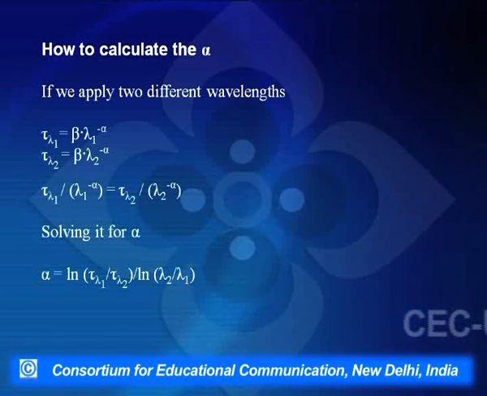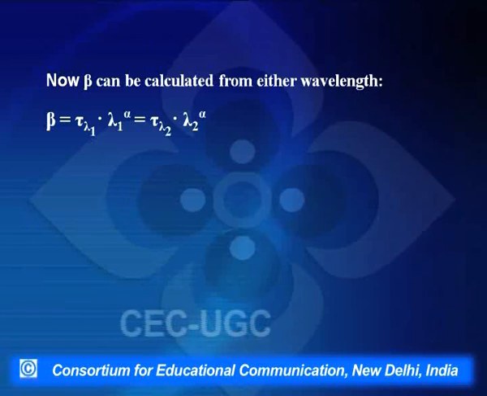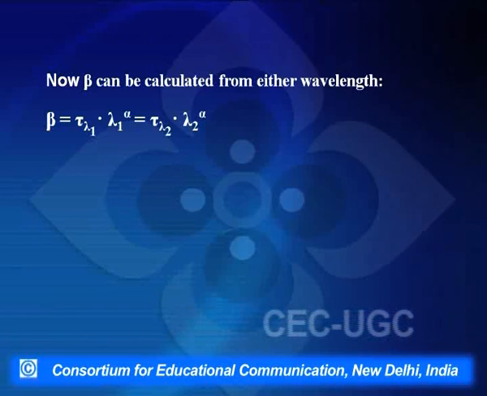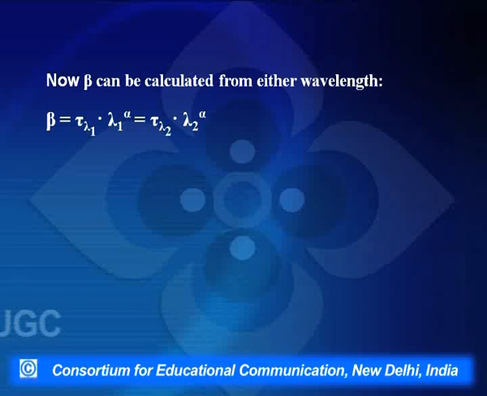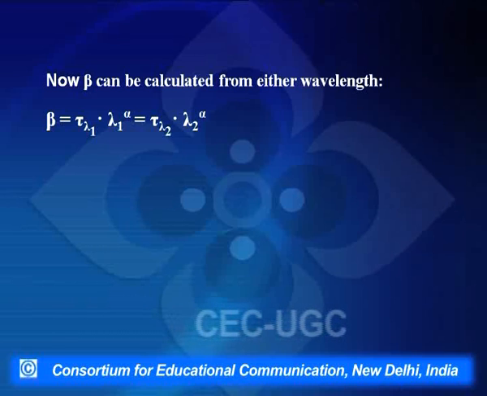With the help of this, we can have a relationship, and finally we can get the value of alpha, that is alpha equals ln of tau lambda 1 over tau lambda 2, upon ln of lambda 2 over lambda 1. And beta can be calculated from either wavelength, that is tau lambda 1 multiplied by lambda 1 to the power alpha, or tau lambda 2 multiplied by lambda 2 to the power alpha.